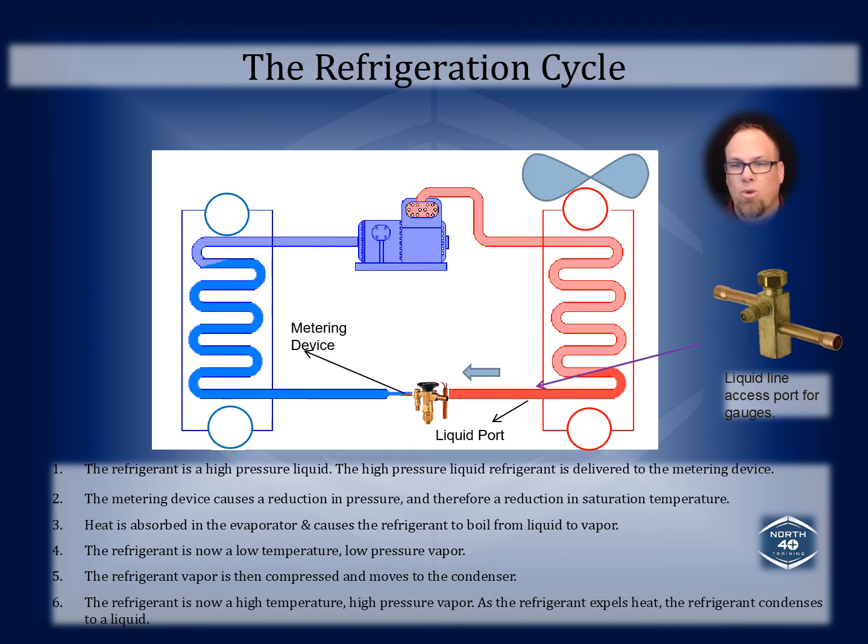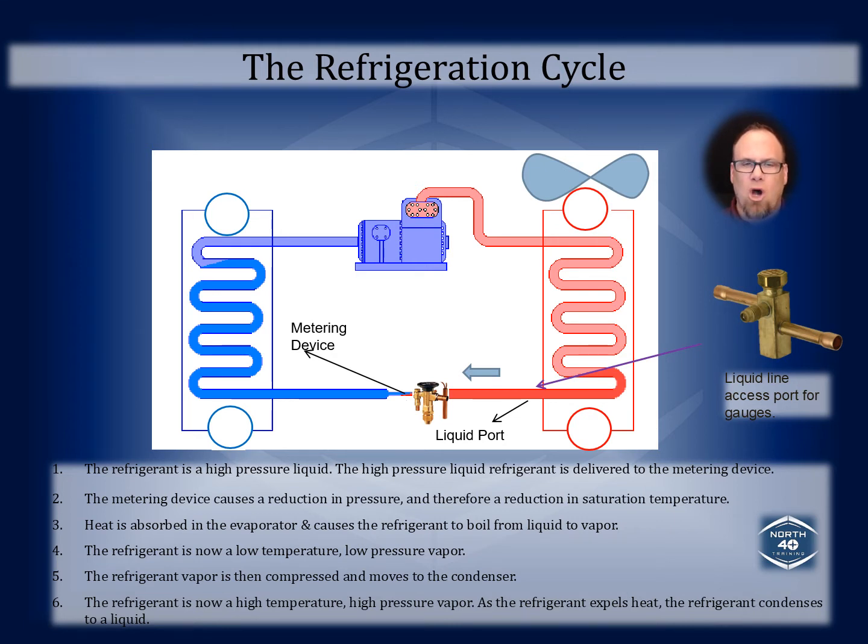The one thing that we're trying to do here is move heat from inside where we don't want it to the outside where it doesn't matter anymore. And so for us to manipulate heat, we manipulate the pressures. When it comes to refrigerants, if you can manipulate pressures, you're manipulating the temperatures. And so that's the easiest thing for us to do is manipulate those pressures.